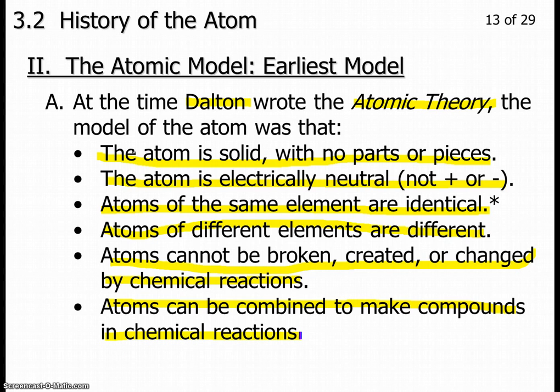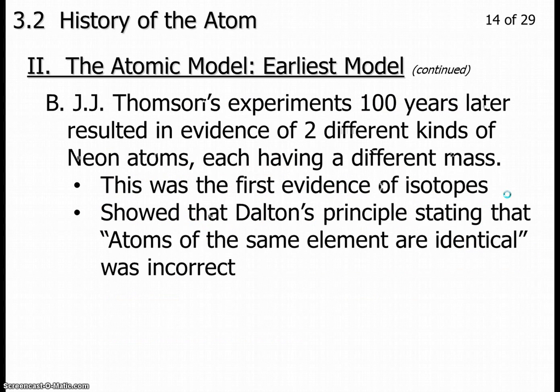Most of these tenets of Dalton's atomic theory are still supported by evidence even from today's scientists, except for this one in the middle here, which was disproved by evidence from J.J. Thomson. Thomson, 100 years after the writing of this essay, when he was doing experiments with neon atoms, found that there were two different kinds of atoms, each having a different mass.